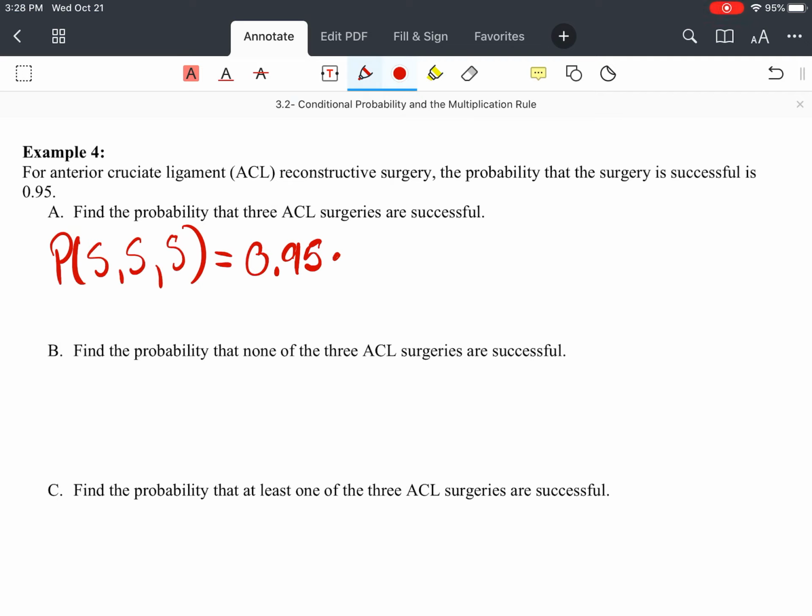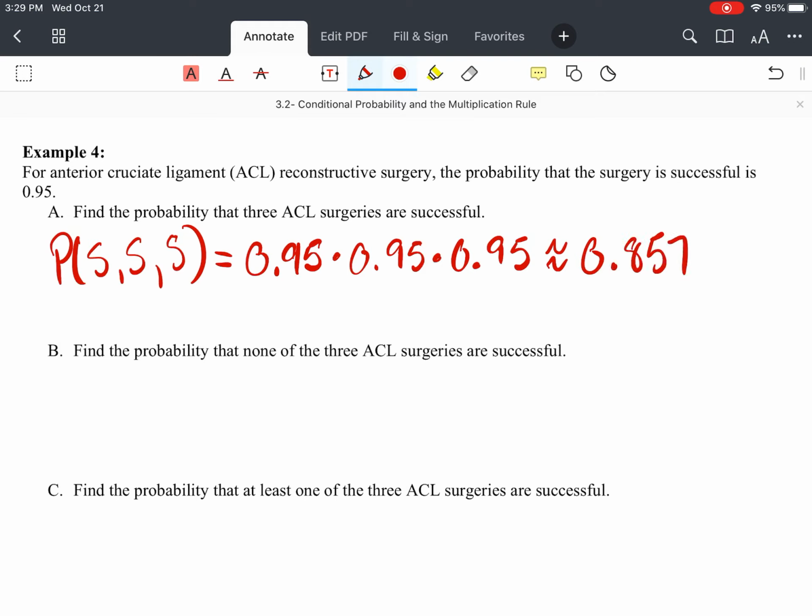So these are independent, so the probability does not change. So the probability of the first one is 0.95. The probability of success on the second ACL surgery is 0.95, and the probability of success on the third one is also 0.95. Using your calculator, we can simply multiply it out.